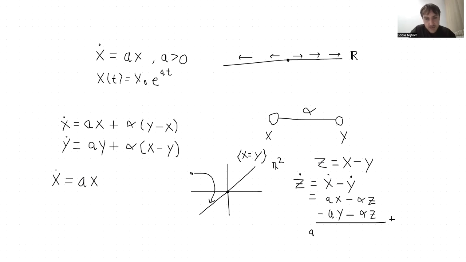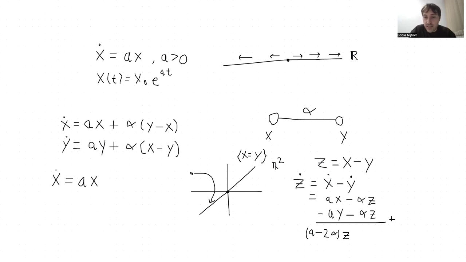minus 2 alpha, right? A minus 2 alpha times z, because this is a times x minus y, so I get a times z and minus 2 alpha z.